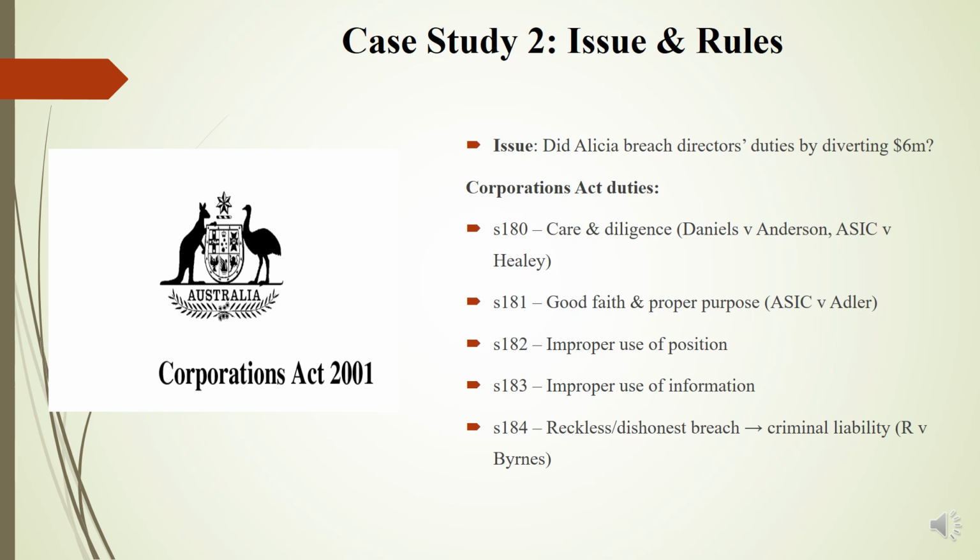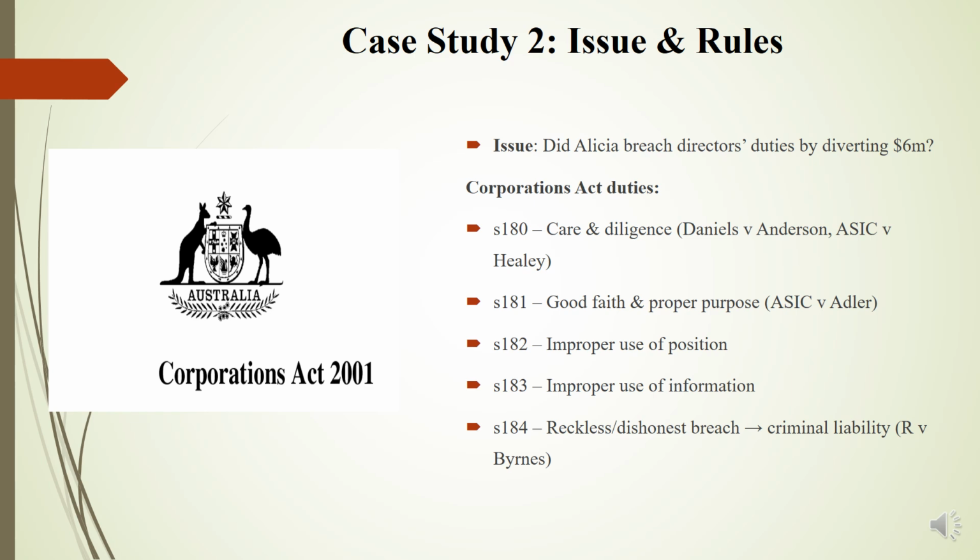Section 182 prohibits improper use of position, while section 183 prohibits improper use of information. Section 184 elevates reckless or dishonest breaches into criminal offenses, as clarified in R v Byers. These statutory and case law duties provide the framework for analyzing Alicia's conduct.